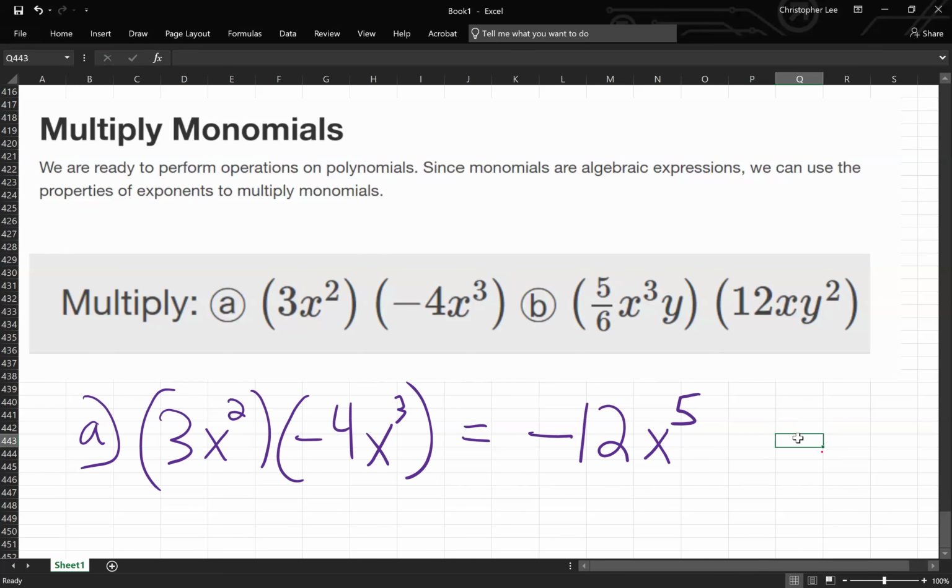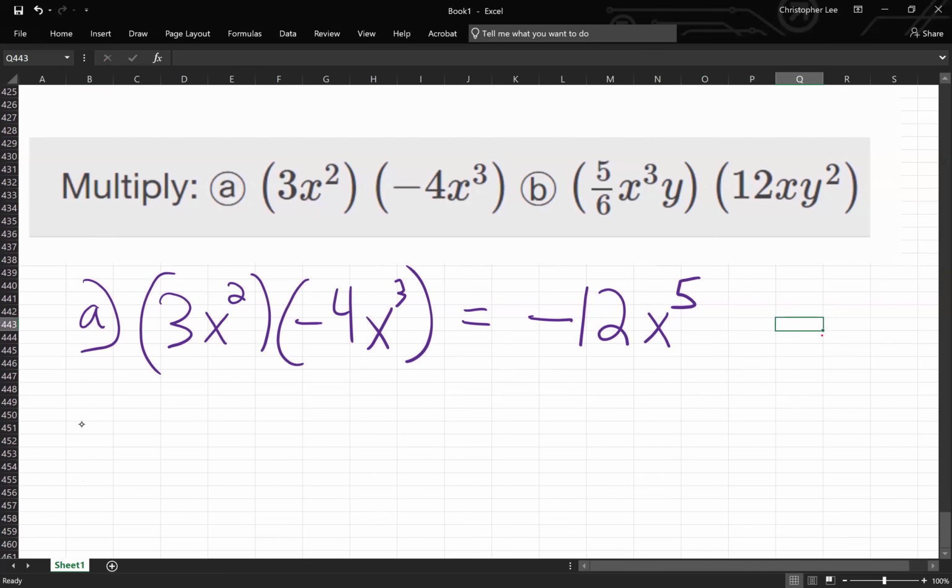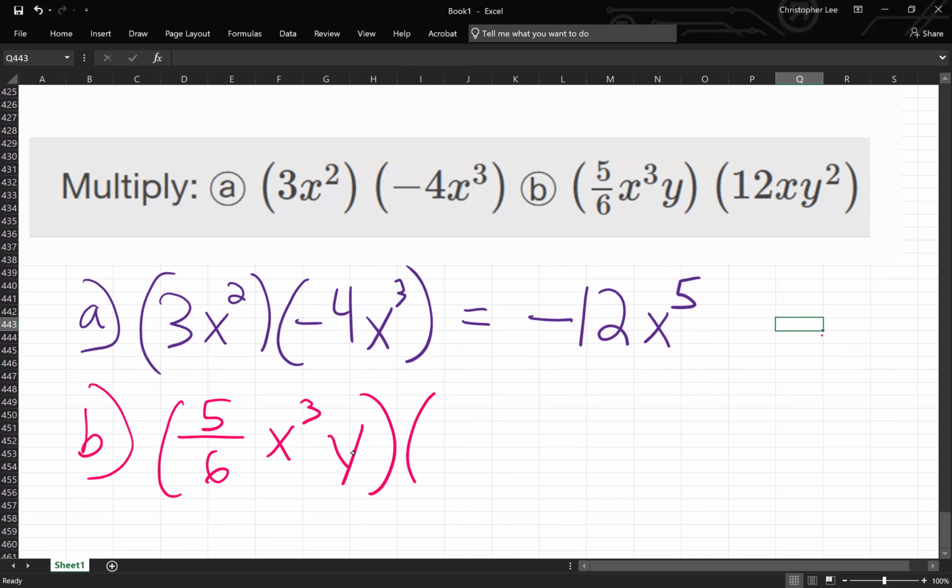All right. Now B's a little bit harder, but don't be scared. It's the same thing, right? So this is what? 5 over 6 x to the third times y times 12 x y squared. What's the answer? Go ahead.